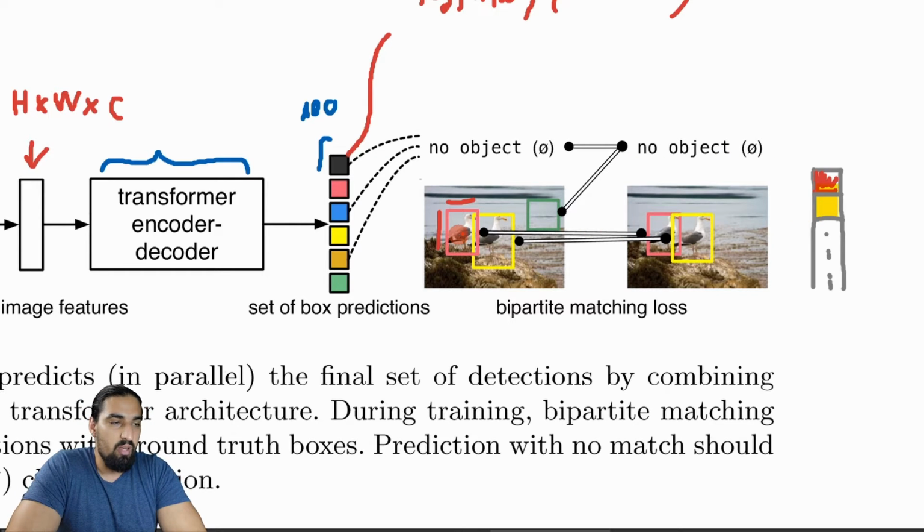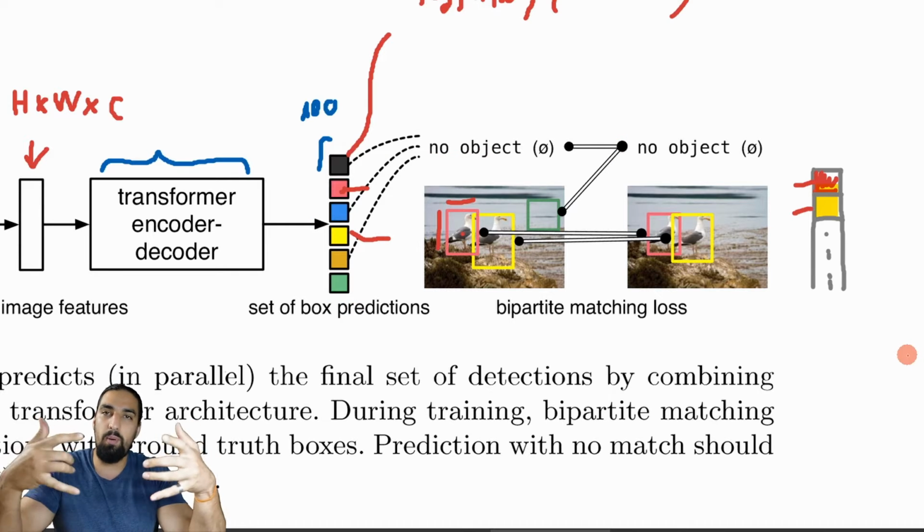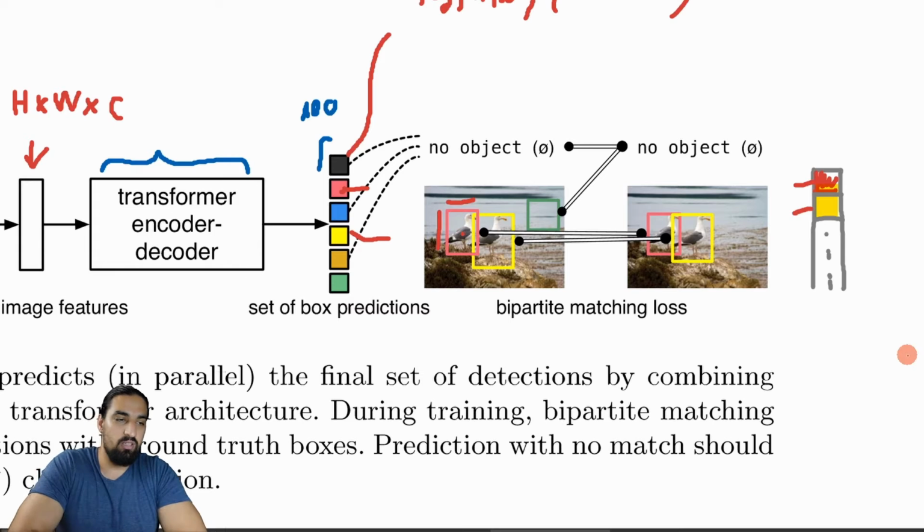As you can see, the goal will be to learn how to find a permutation, how to associate this one to this one, and how to associate this box with this box. So we'll basically want to find a way to sort this so that we have this red box standing in the first place, and then the yellow box in the second place, and all of the other no object proposals should be here. And once we have that, we can compare them because they're matched, right? Because if we didn't do that, it just wouldn't make any sense.